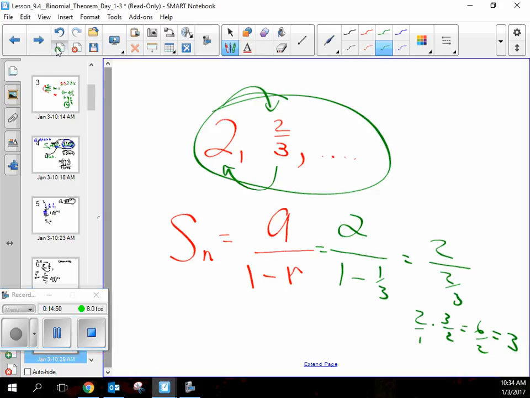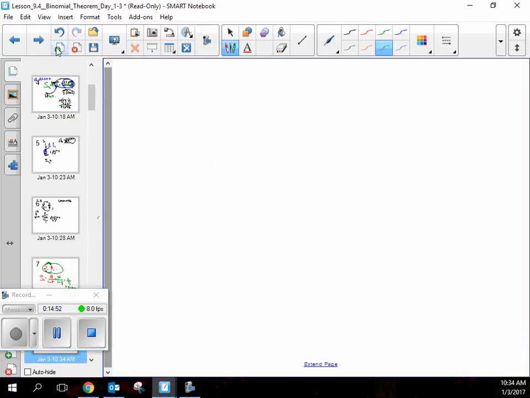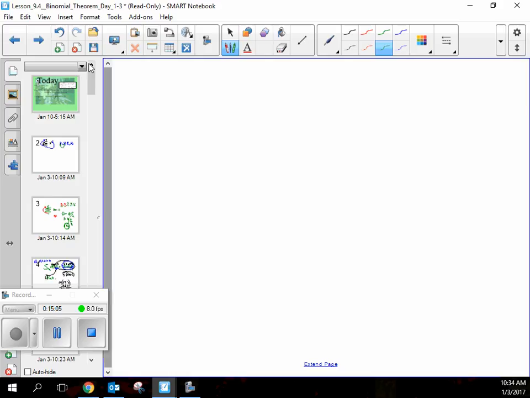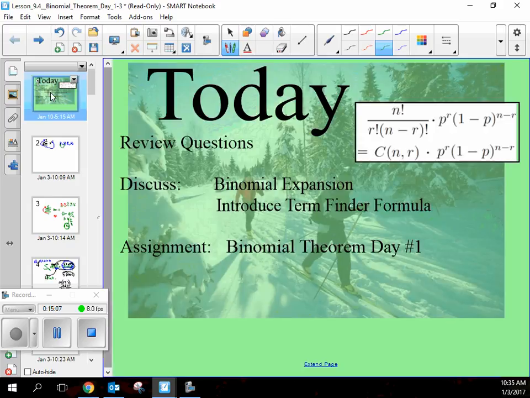moving on. We need to get to the new stuff. The new stuff has to do with, at first this is going to look like, holy cow, this is insanely hard. Go back to the very beginning, first slide here, and it uses this formula.